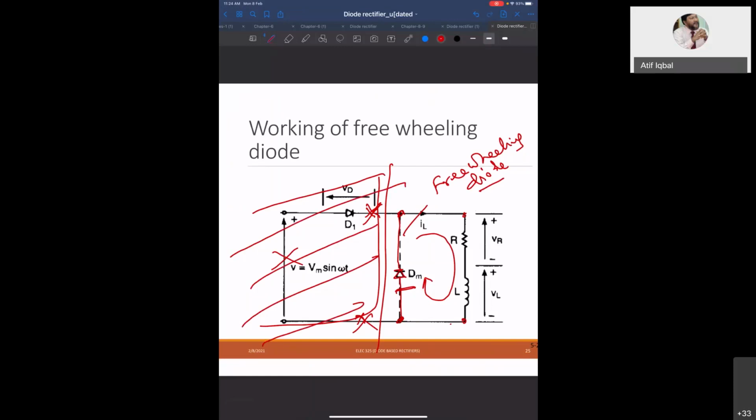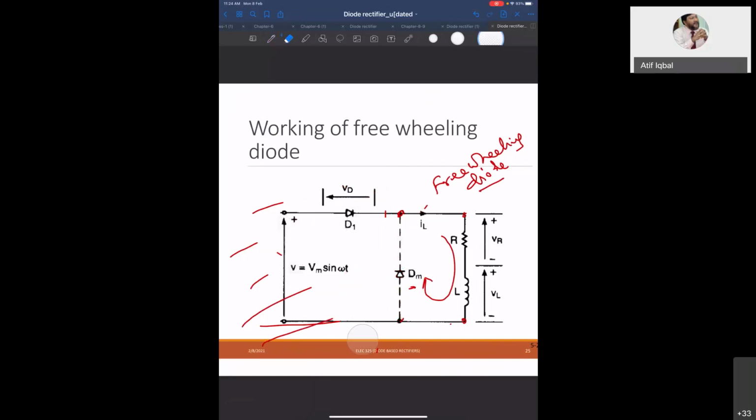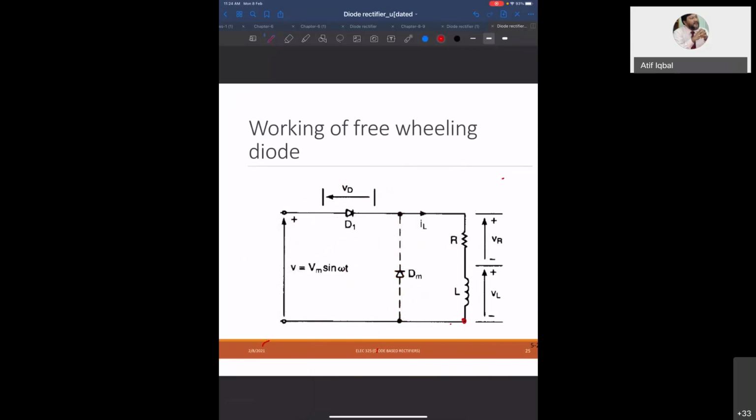Now, if you recall, in case there was no freewheeling diode, what was happening was that the load voltage was going negative. And why was the voltage going negative? Because of the inductive effect in the load.